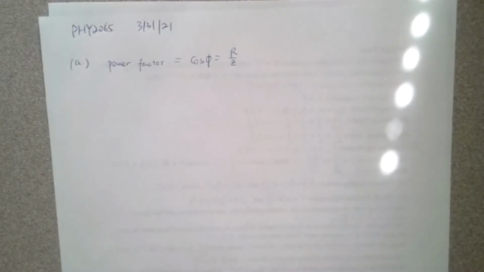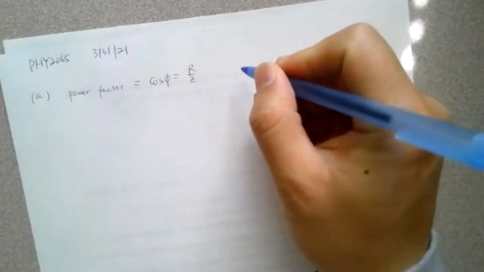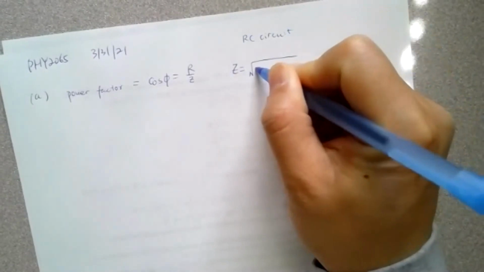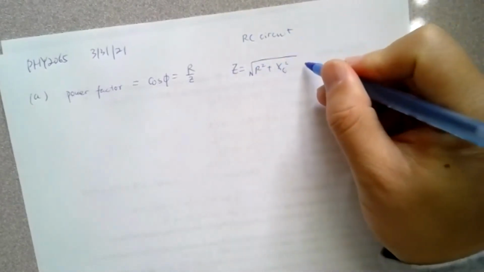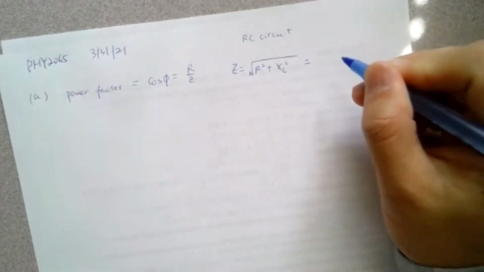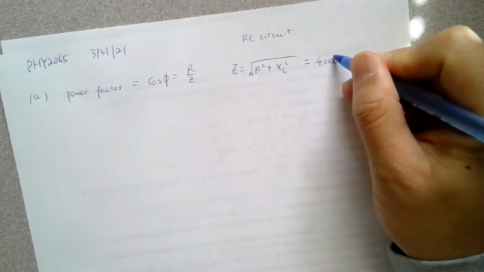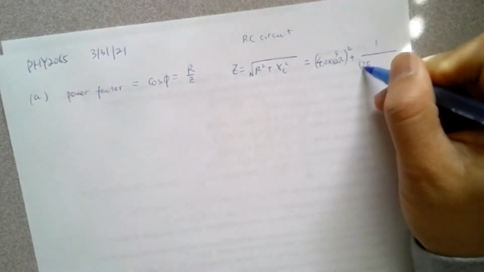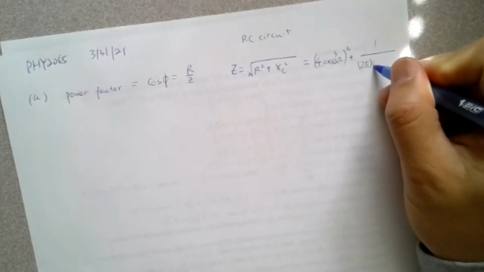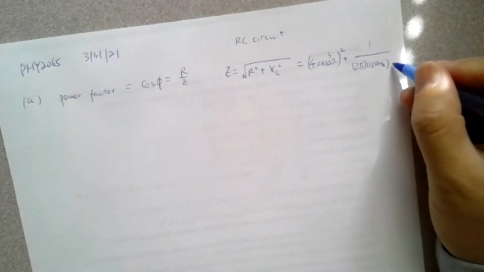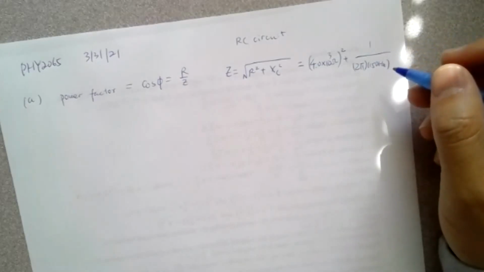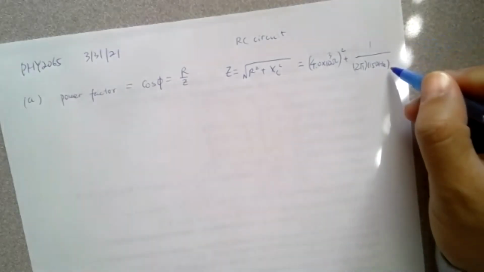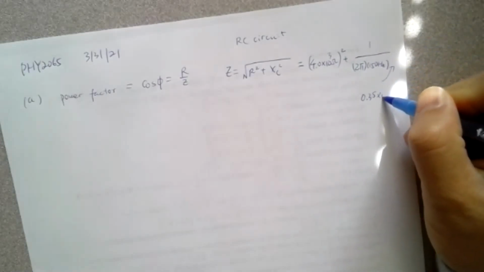All right, so we can take a look here. We are given R, we just need to find Z. For an RC circuit, Z is equal to the square root of R squared plus XC squared, and XC is 1 over omega C. So we can do 4.0 times 10 to the third ohms squared, plus 1 over 2 pi times F, where the frequency is 150 hertz, times C, which is 0.35 times 10 to the minus 6 farad.